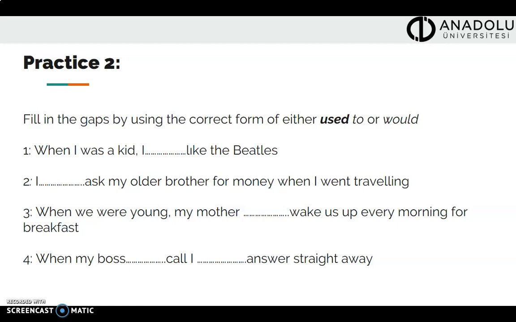Now we come to practice 2. Now here, it's an exercise where you have to fill in the gaps by using the correct form of either used to or would. First question. When I was a kid, I blank like the Beatles. Number 2. I, fill in the blank, ask my older brother for money when I went traveling.